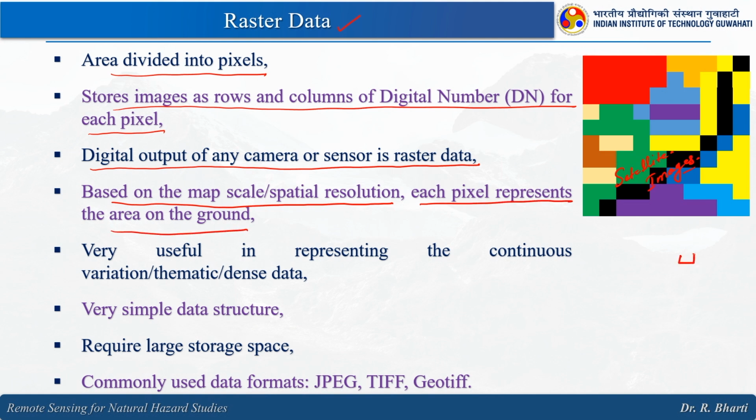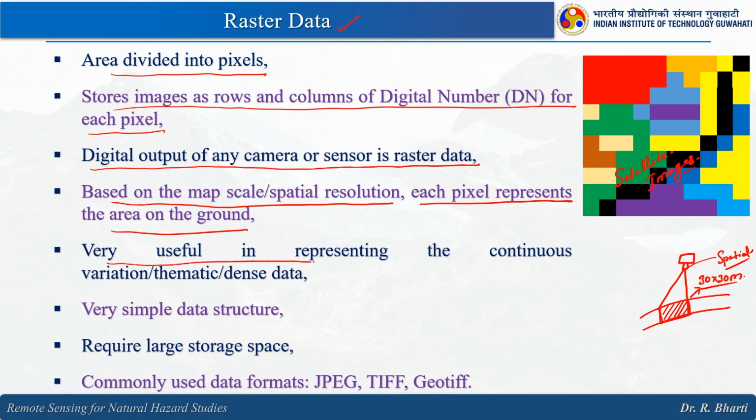So, if you remember that I talked about one detector of a particular sensor looking at the ground and covering a particular area. So, this area will become the spatial resolution of this particular sensor, right. So, if it is 30 meter by 30 meter, then that means this particular detector looks at the ground and that area is basically 30 by 30 meter.